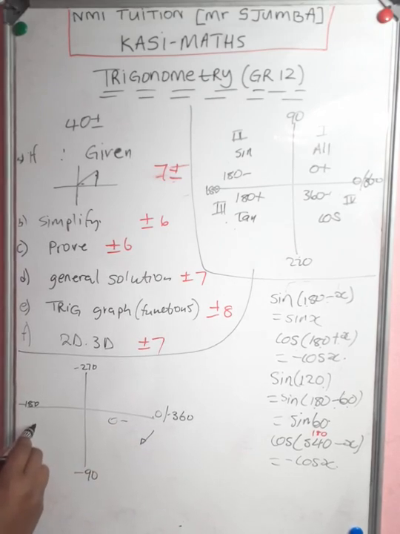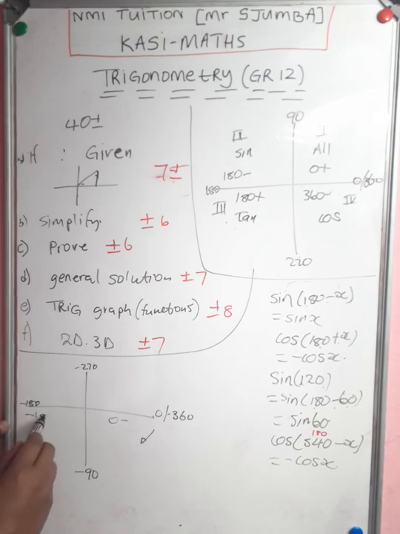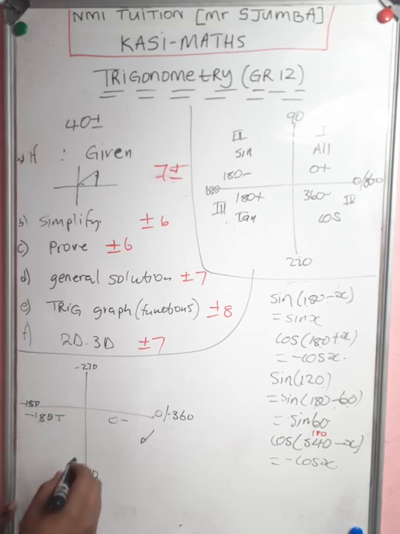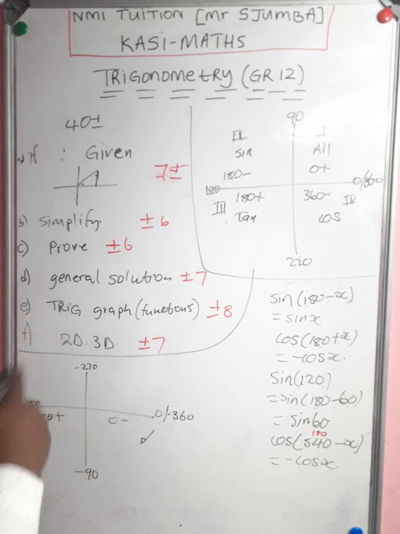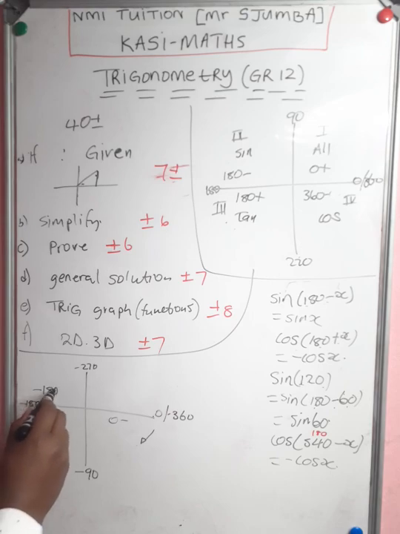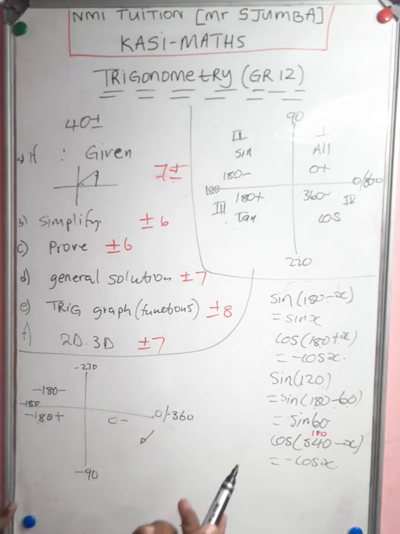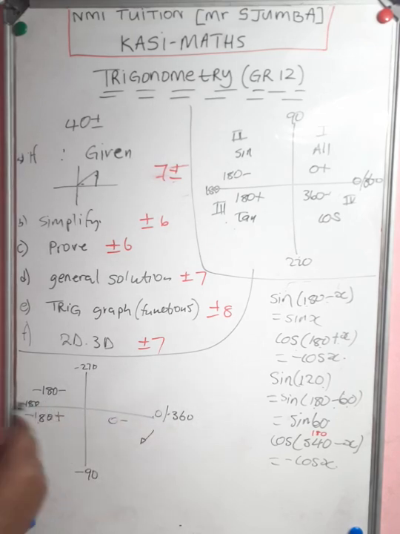From here coming back, it's minus 180. So from minus 180, if you want to go to minus 179, we must say minus 180 plus. If we want to continue past minus 180, we want to put in a negative number, it must be minus 180 minus, because minus 180 minus 2, for example, will be minus 182, and minus 182 is somewhere here.